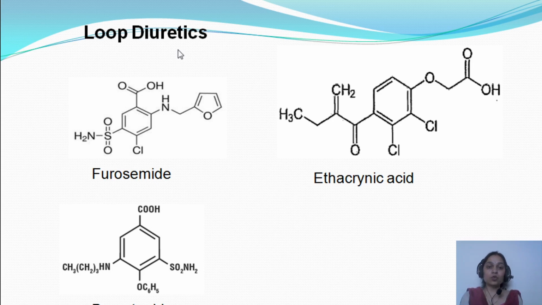Next category is loop diuretics. So these are the structures. First one is furosemide. Furosemide means furo, furo means furan. So this ring is furan. Ethacrynic acid is a phenoxyacetic acid derivative.